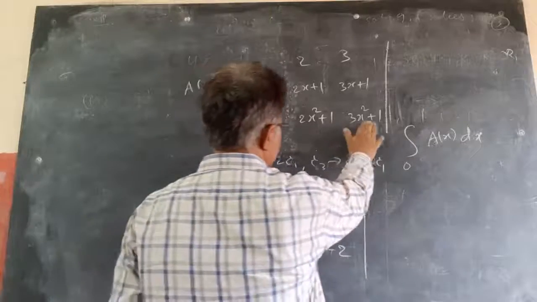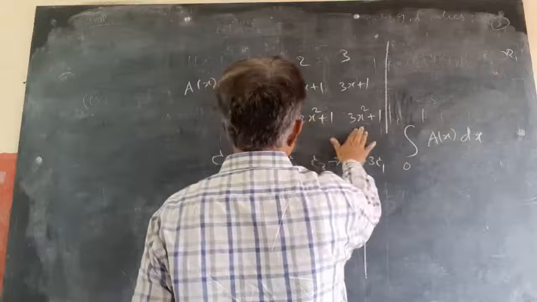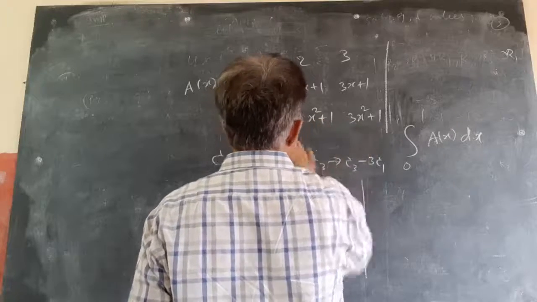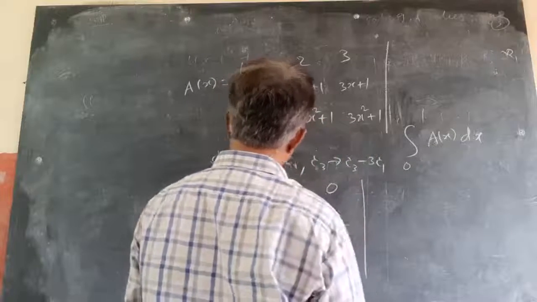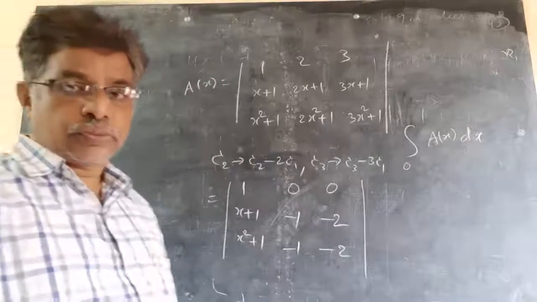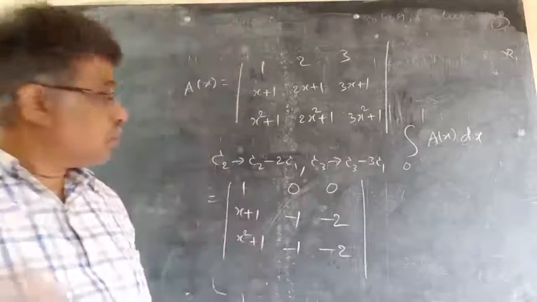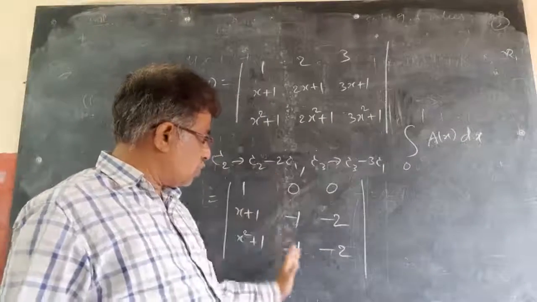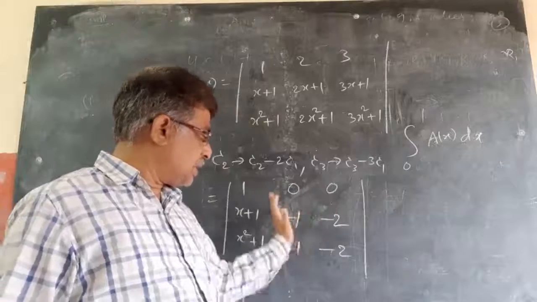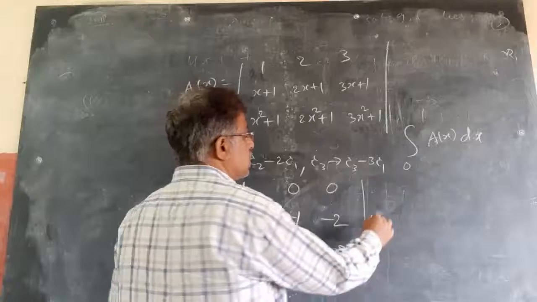And this is again 3x square minus 3x square got cancelled. 1 minus 3 is minus 2. So simply we are getting two columns in the same ratio, means determinant equal to 0. So its value is 0.